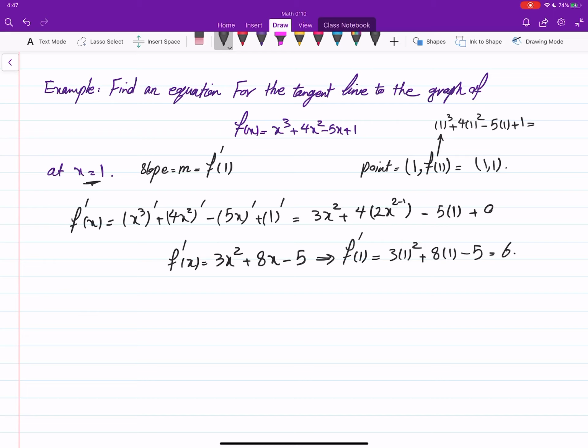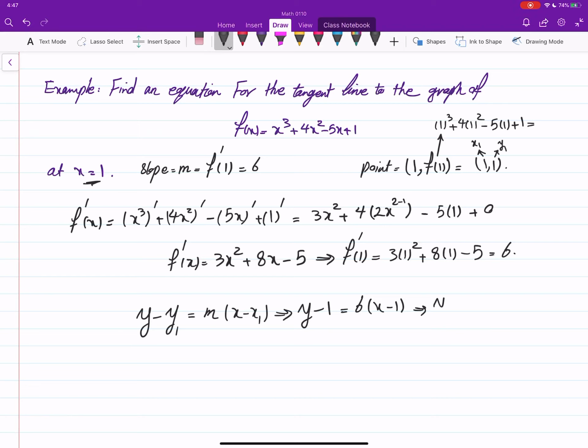The slope is 6. Then the equation y minus y1 equals m times x minus x1 gives us y minus 1, this is y1, this is x1, equals 6 times x minus 1.